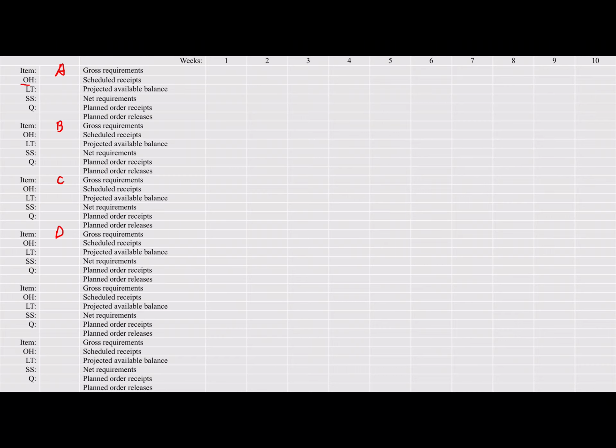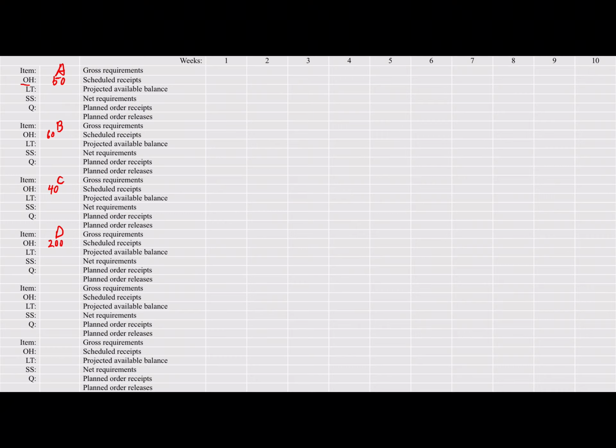Okay. We need to first fill out the information of what's happening with item A. So item A on hand is 50, okay, and B is 60, C is 40, and D is 200.